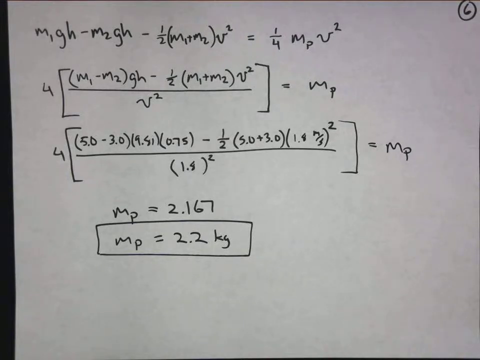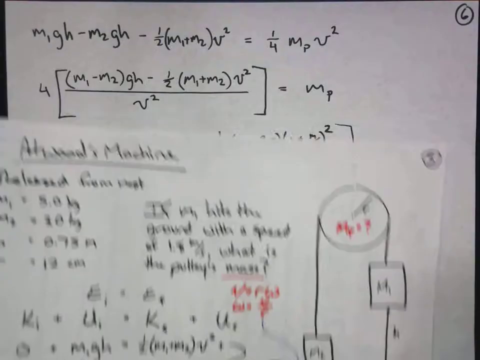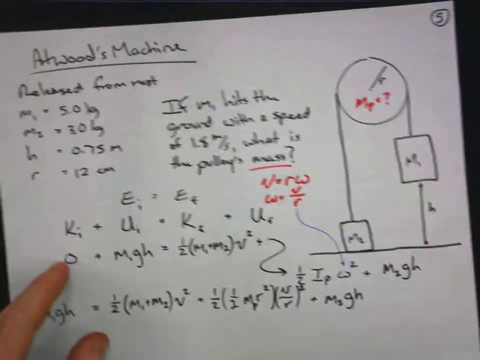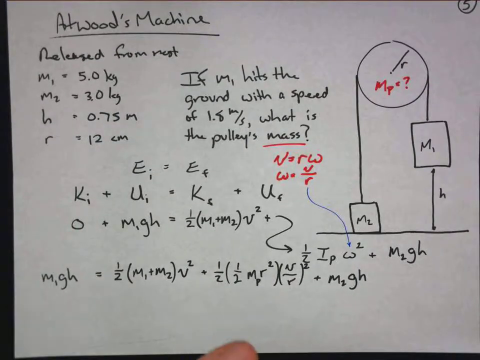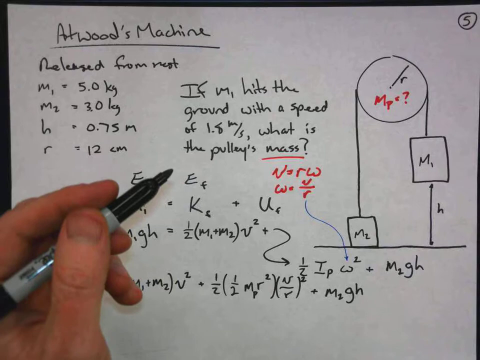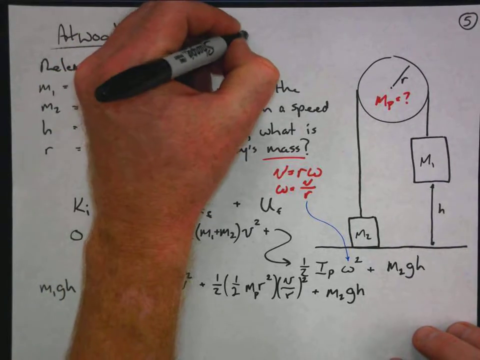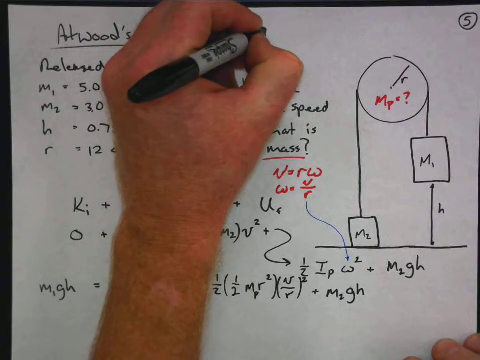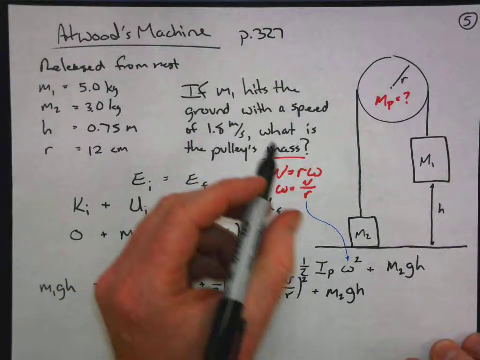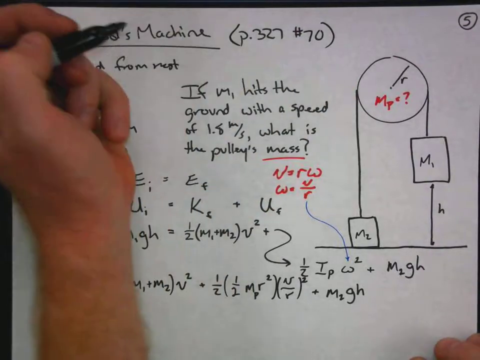So that is how we could apply this. One example that we could use. By the way, I didn't mention to you, this example itself comes out of your textbook. This comes from page 327. This is number 70. Just for your reference.